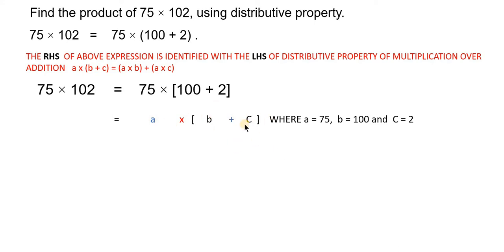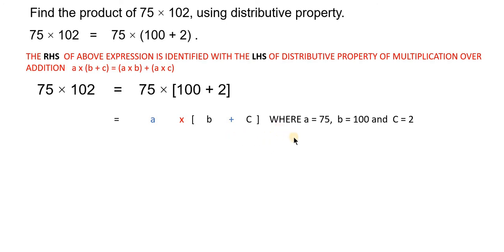Now you will not be rewriting this. You can replace this left hand side with the right hand side of the expression using the distributive law. I mean A into B plus C is the left hand side of the distributive law. We are going to replace it with the right hand side. They are asking us to use the distributive property. Where are we using the distributive law? Here, at this step.